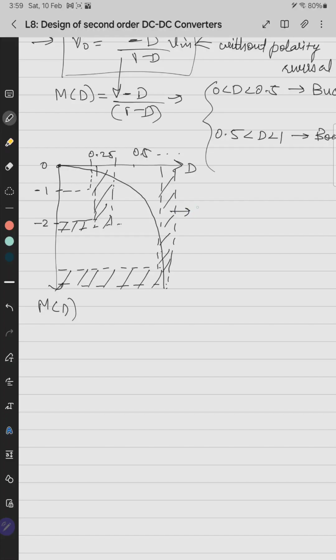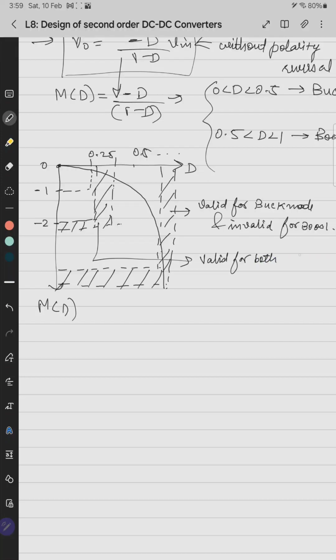This is for buck mode. It is valid for buck mode and invalid for boost mode, this particular strip, and this strip was valid for both buck and boost mode.